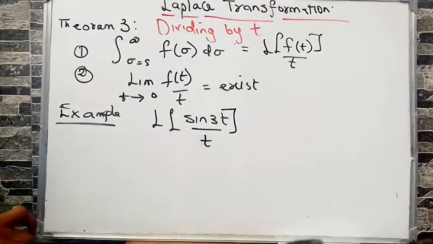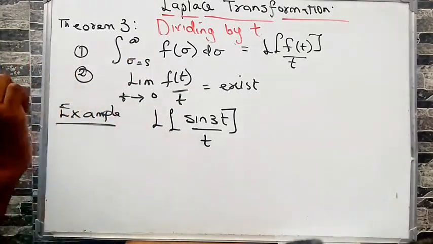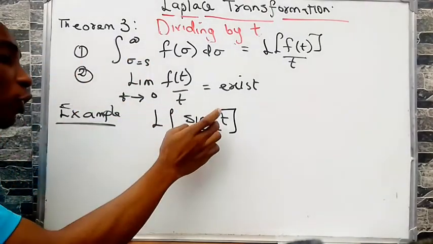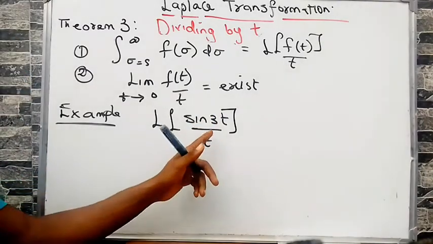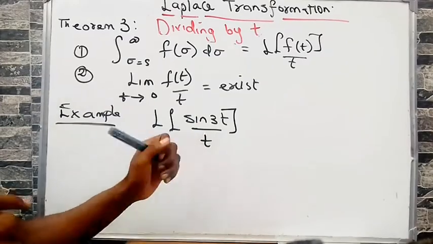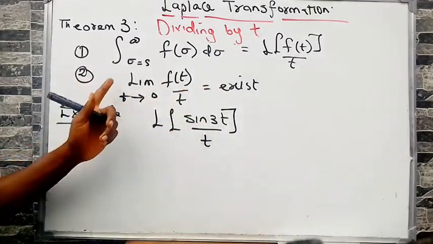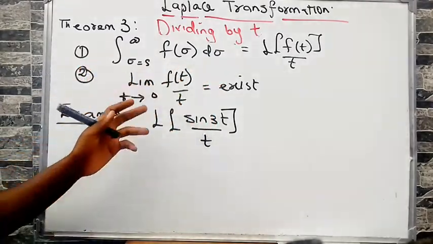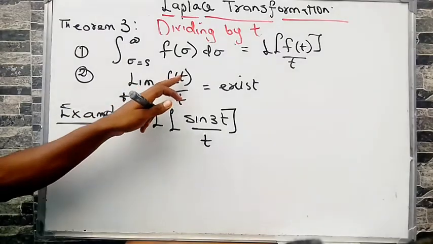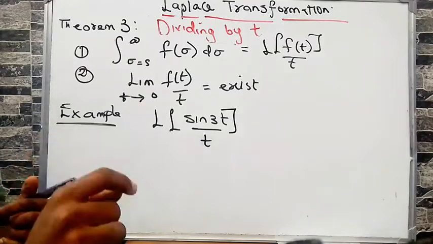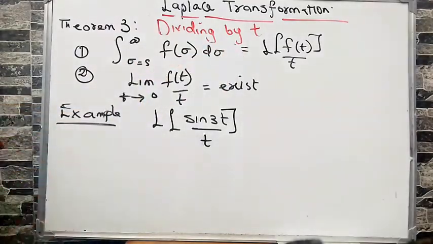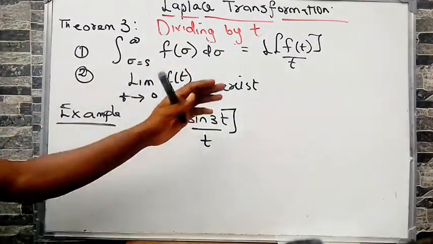That means before we start solving a Laplace question in which the function of t is being divided by t, we must first check if the limit when t tends to 0 of this function of t divided by t exists. If it exists, then you proceed to solve it. If it doesn't, you can't actually solve it.